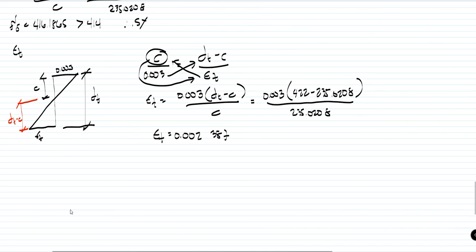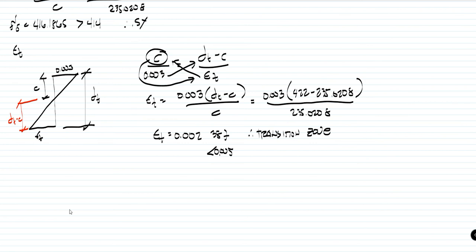As you can see, this is a non-ductile behavior and this is in the transition zone, because this is lesser than 0.005. In the design part, we cannot allow this epsilon sub t since it is even lower than 0.004, and the minimum requirement for a beam is 0.004.